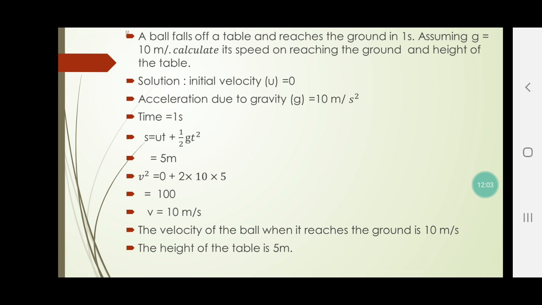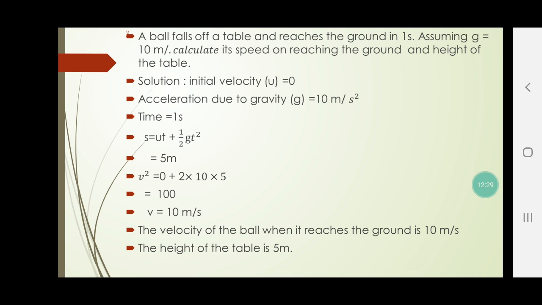Formula used over here is s is equal to ut plus half gt square. So half into 10 into 1 square. Half of 10 is 5, 5 ones is 5.